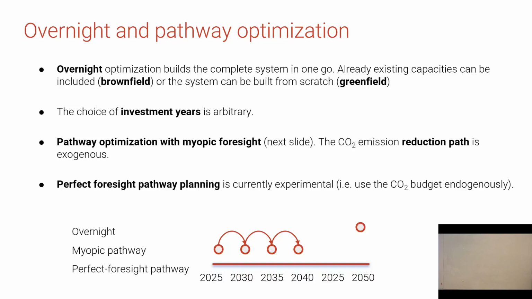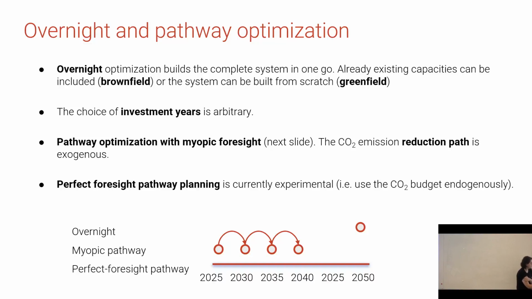This is called myopic because you are short-sighted. You don't have the full perfect foresight. It's more representative of decision-making processes, but from a theoretical point of view, it's not as optimal as the perfect foresight. So these are the 3 options.